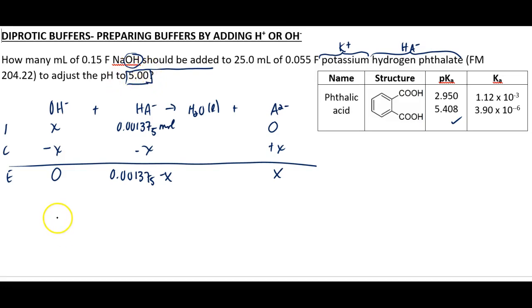So the pH equals the pKa plus the log of A-2 over HA-.